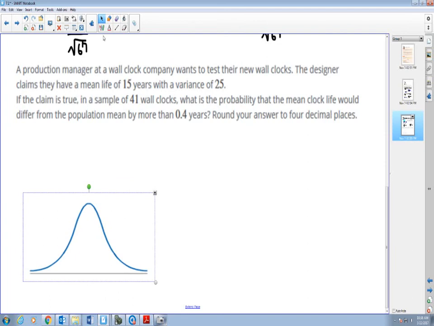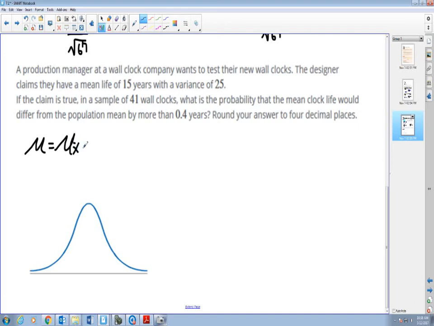Alright, so the mean of the distribution will eventually become the population mean of x bar, which is 15 years. So this is 15 years right here, random variable x bar. I know this one is the hardest one for me to explain.